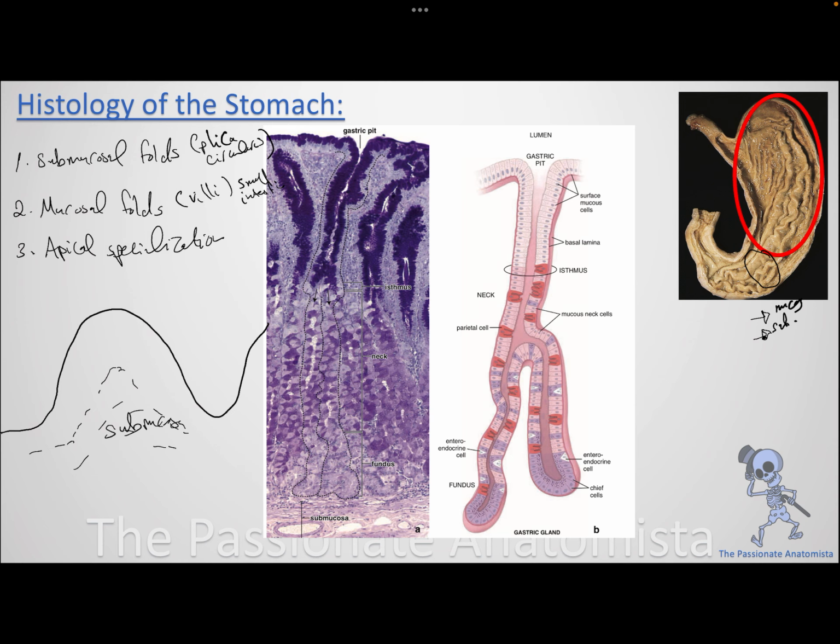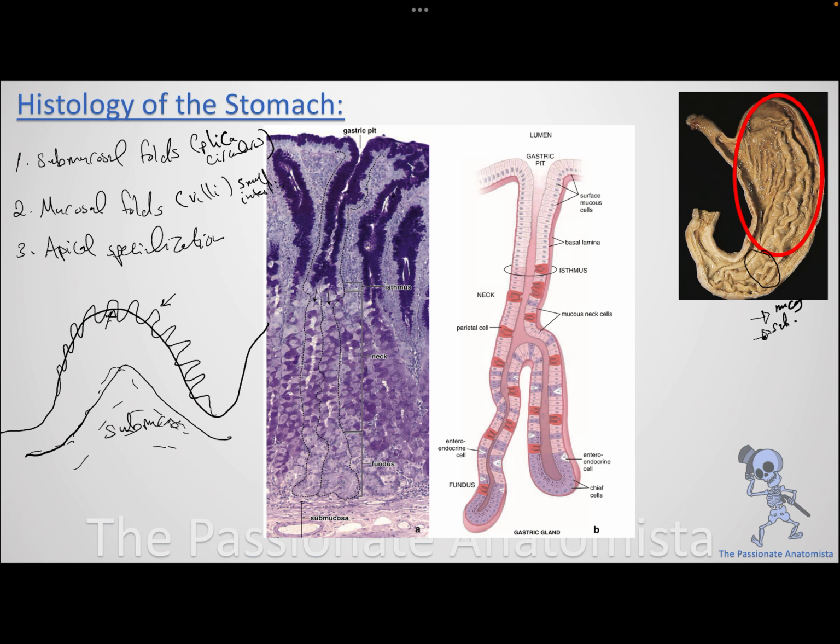Now, in the small intestine, other than this fold, the mucosa itself is going to make another kind of fold, which are the villi. So when my mucosa, the black line here, makes another fold, it forms the villus, finger-like projections.